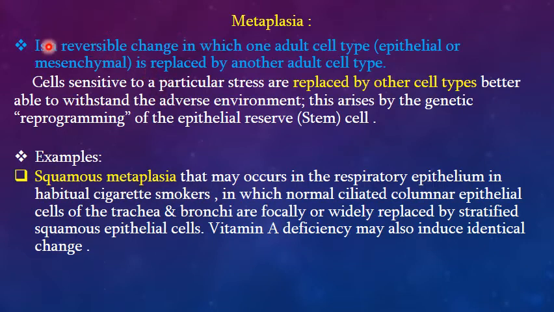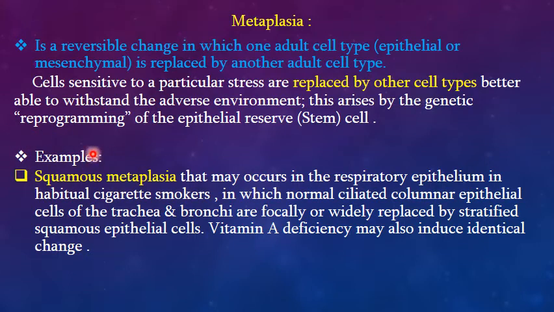Yes, it is a reversible change, in which one adult type, epithelial or mesenchymal, is replaced by another adult type. The cells sensitive to a particular stress are replaced by another type of cell, better able to withstand the adverse environment. This arises by the genetic reprogramming of the epithelial reserve stem cell.